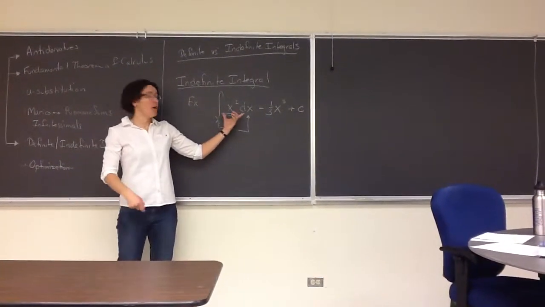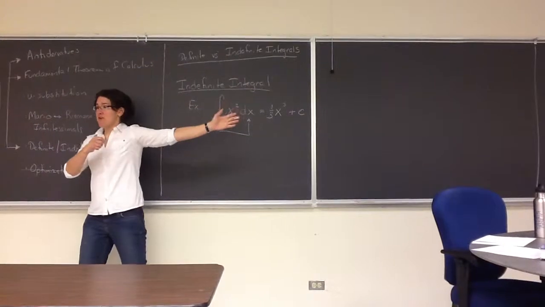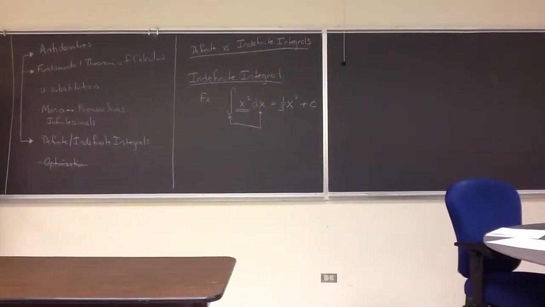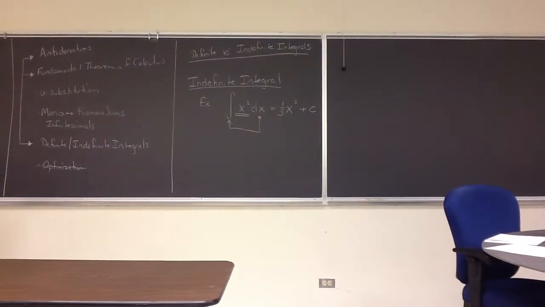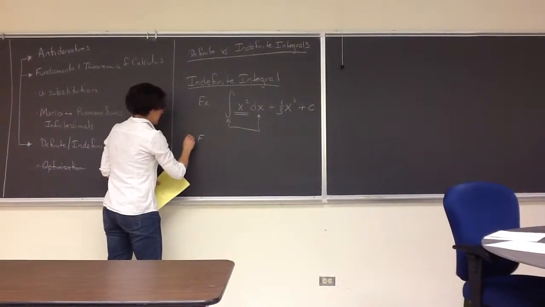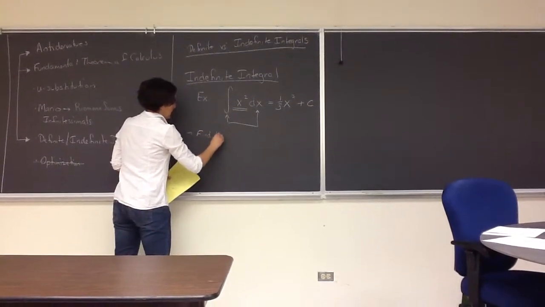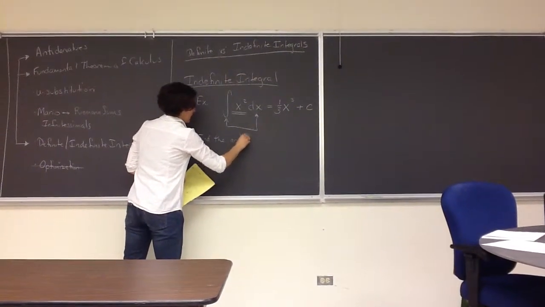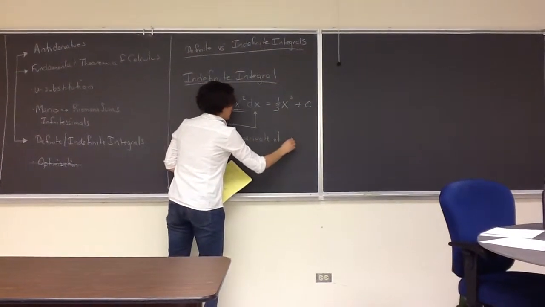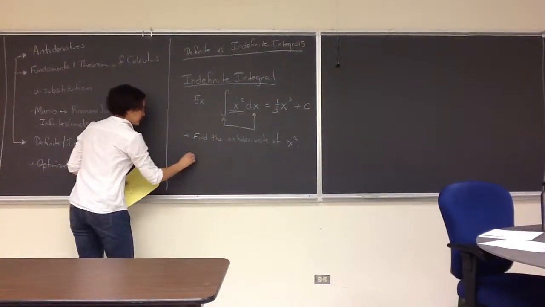And so although the integral sign is used for our definite integrals, the indefinite integrals really can't give us anything about area. But what it does do is tell us, okay, fine, first of all, find the antiderivative of x squared.